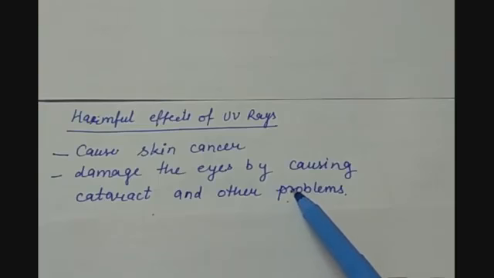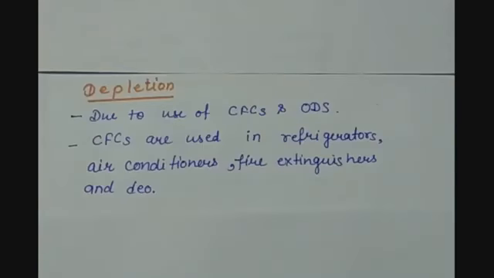But ozone, as it is protecting us from ultraviolet rays, is very essential for the existence of life on Earth. But how is it getting depleted with the passage of time?